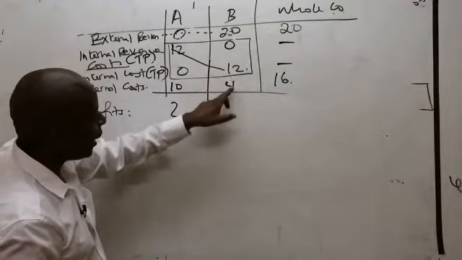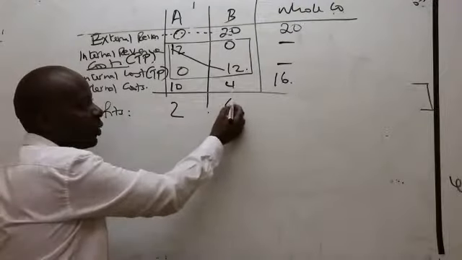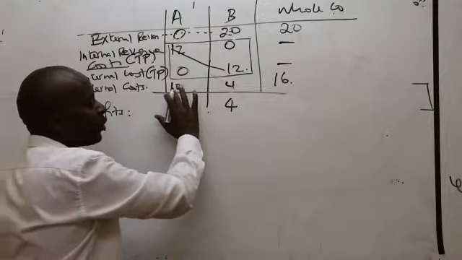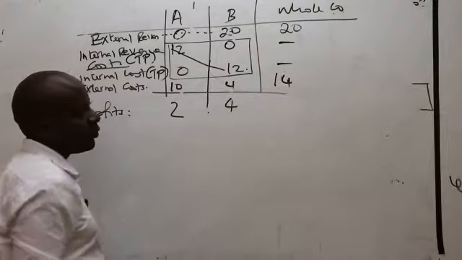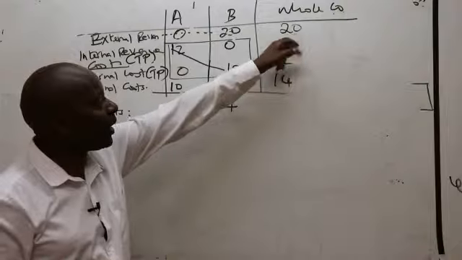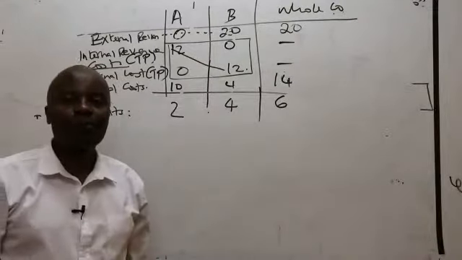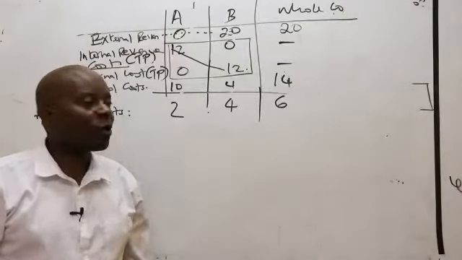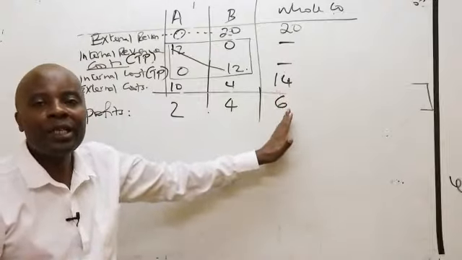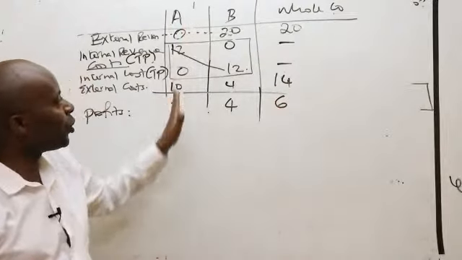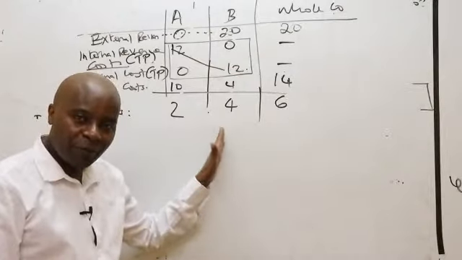Sorry, this is supposed to be 10 plus 4, which is 14. Sorry for that. And then lastly, we have 20 minus this cost of 14, which gives us 6. So you can see the whole company's profit is 6, which has been split between the two divisions, A getting 2 and B getting 4.